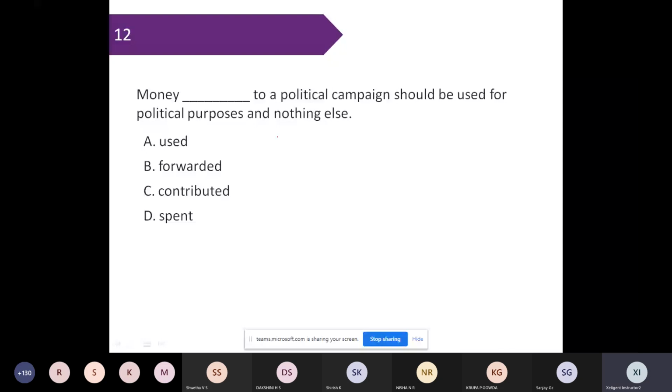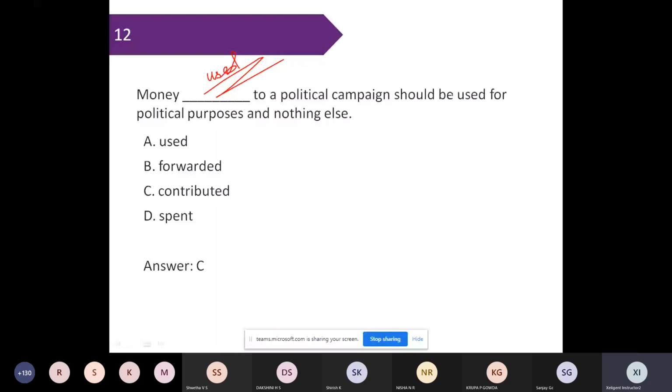So the correct answer, according to the options, is yes, option C, contributed. Okay, so why not "used"? If you put used here, money used to political campaign should be used. It's already in past tense, which means money is used. So again it is used here, so it's not grammatically correct.